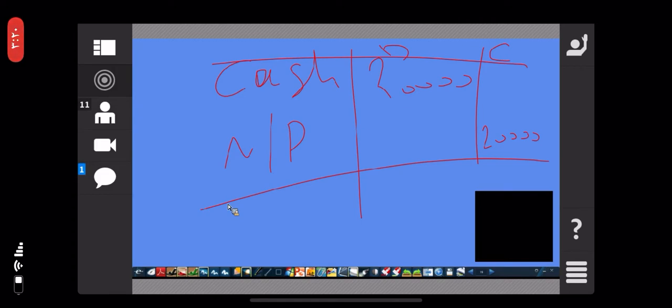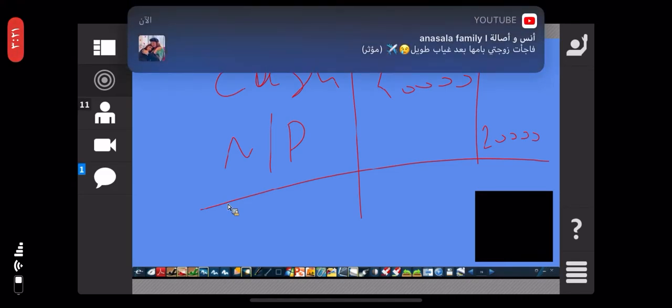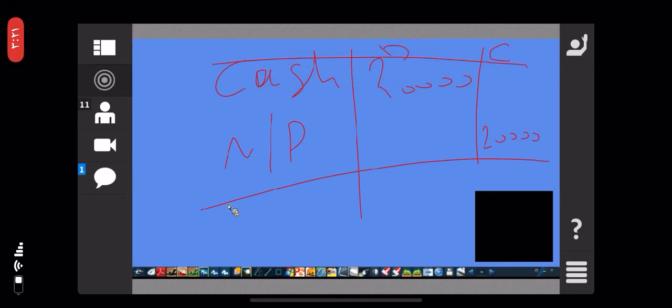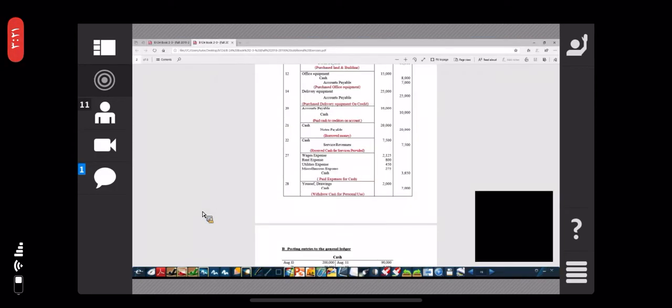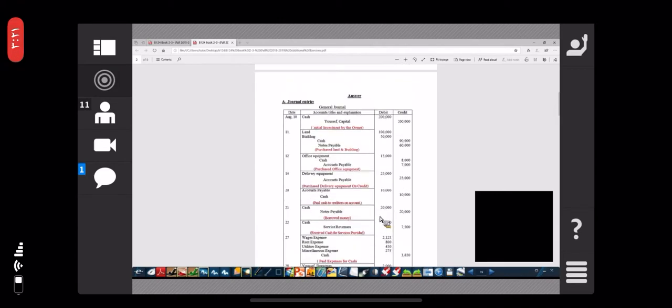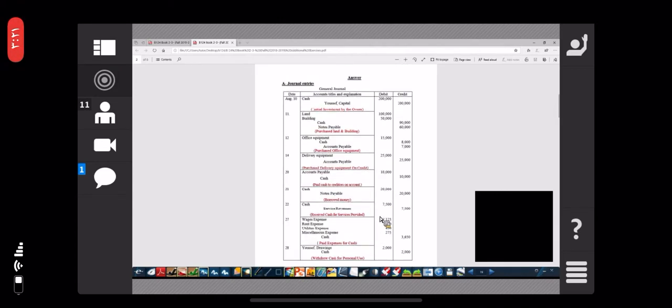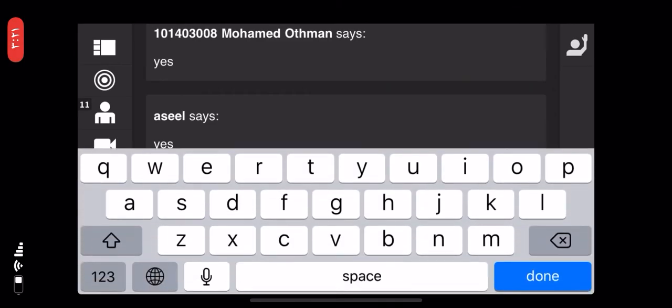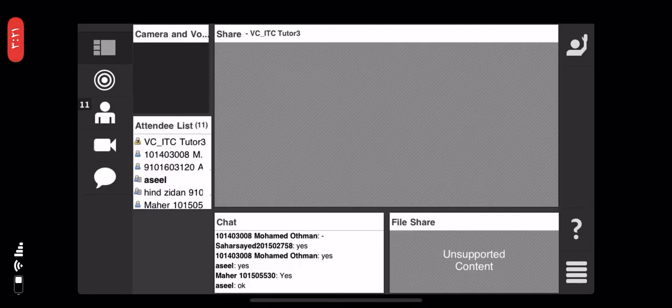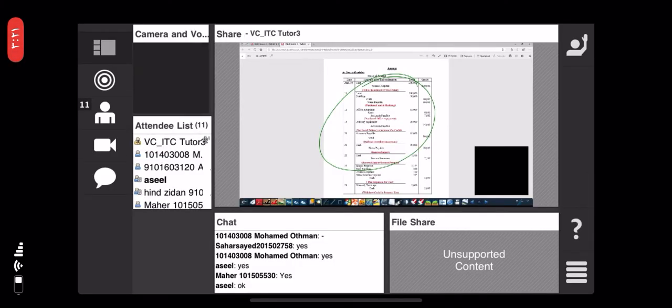So in the exam, when you go to answer this question, you don't need to do the analysis, okay? I just make the analysis to explain. When the question requires you to prepare a journal entry, you just put the entry like this. It is not required from you to analyze all transactions.